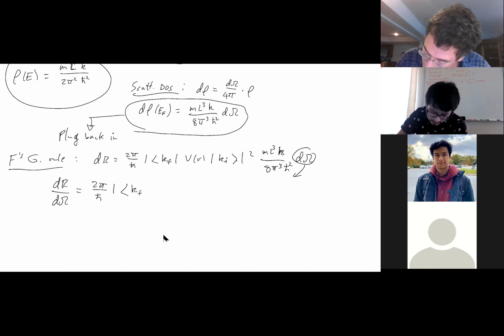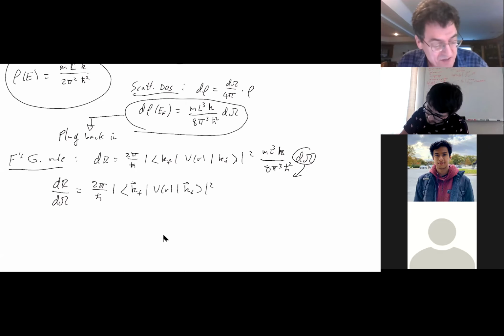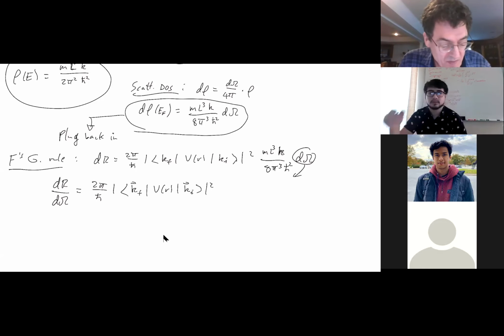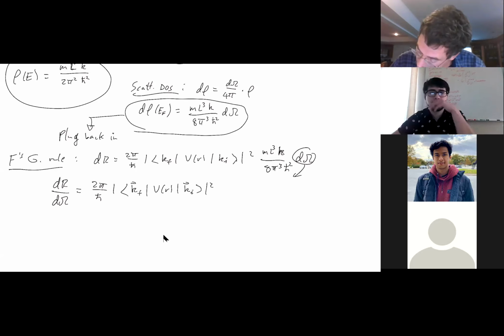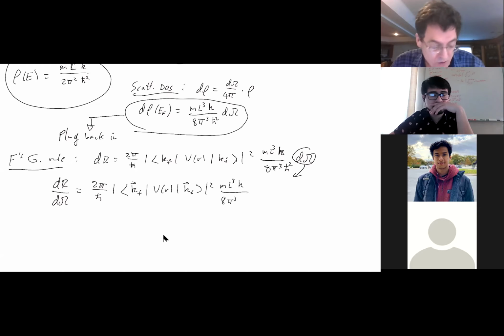So I'm just plugging all this stuff in. I think it's useful just to see it all plugged in. I'm sorry if it's a lot of tedious math, but I think the answer is really important. And so it'll be m L cubed k over 8 pi cubed h bar squared.